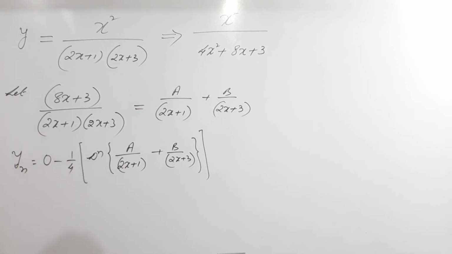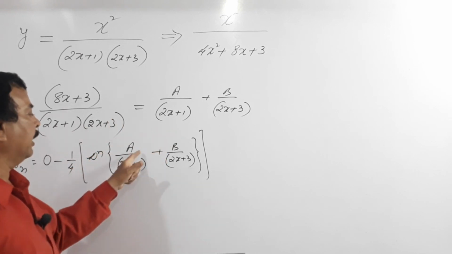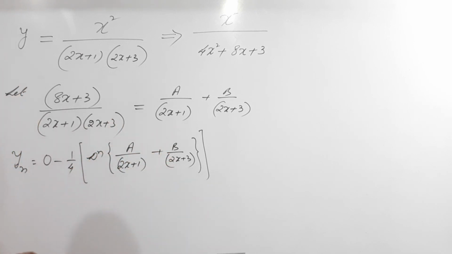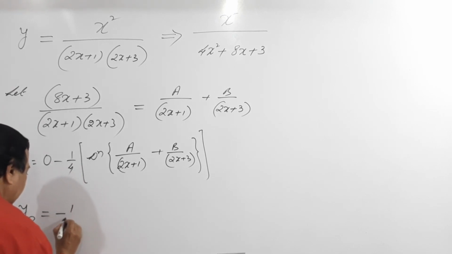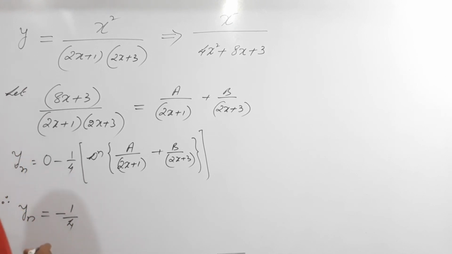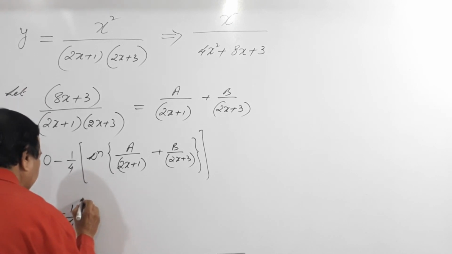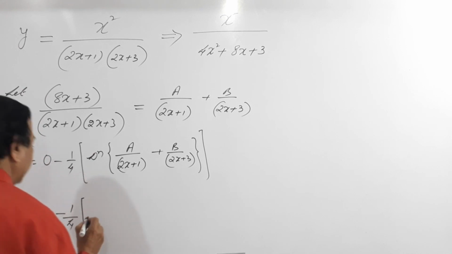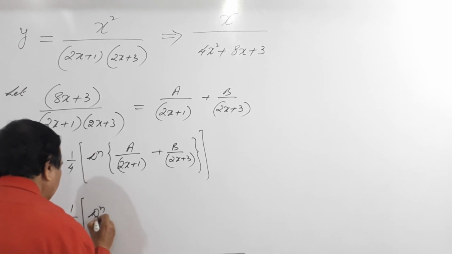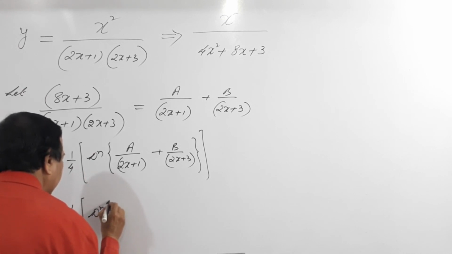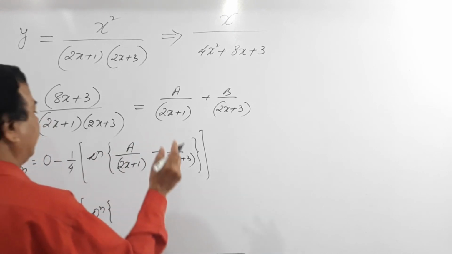Now what I will do, we have got the values of a and b, we will substitute the values of a and b. Therefore yn equals minus 1 by 4. So I put this bracket, dn of, what is the value of a?